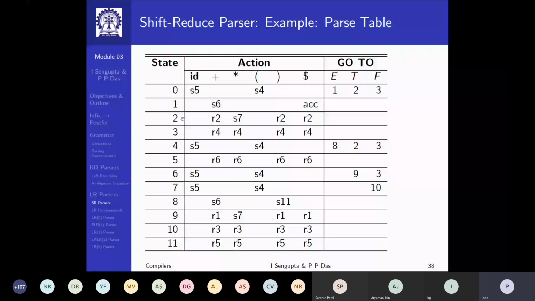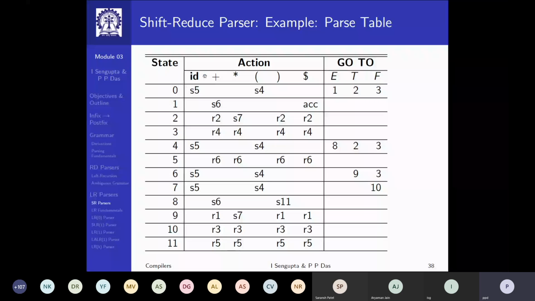Now, what are the decision points? One part of the decision is the action set of columns. Being in a state, the DFA looks at the current input symbol in the input buffer.